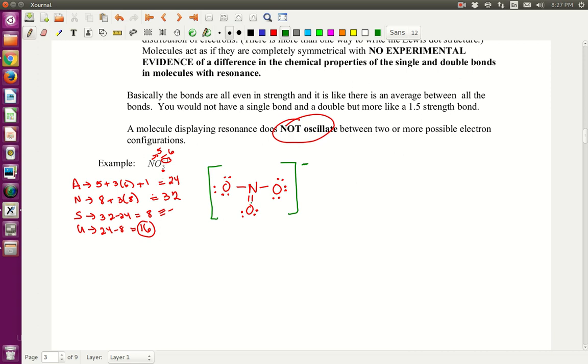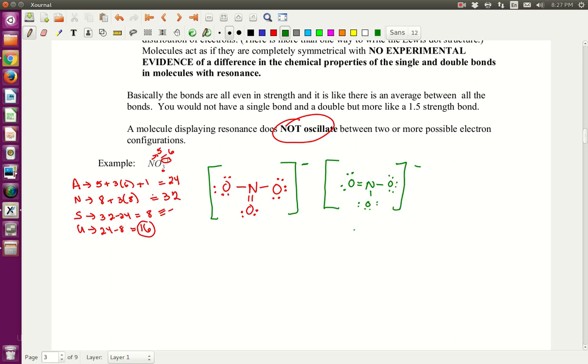Well, this double bond could have been on this other oxygen, or it could have been on this oxygen. So another way to draw this exact same ion is to put the double bond here and the oxygens there and the unbonded pairs distributed so everybody has their octet.